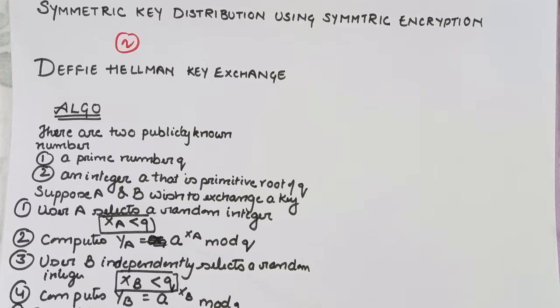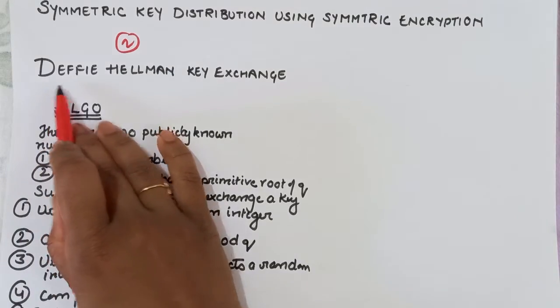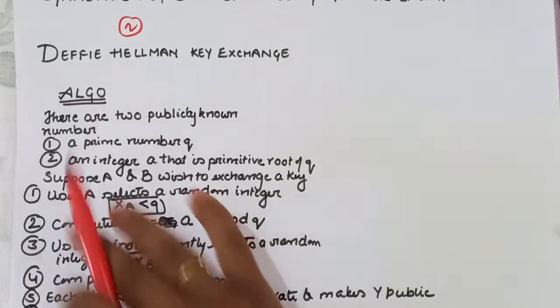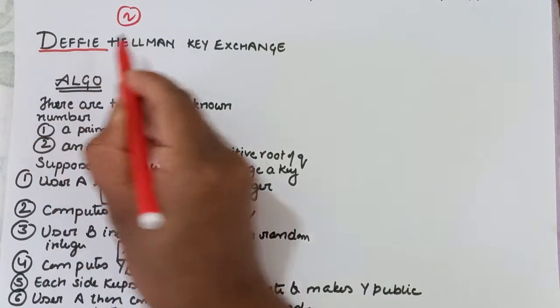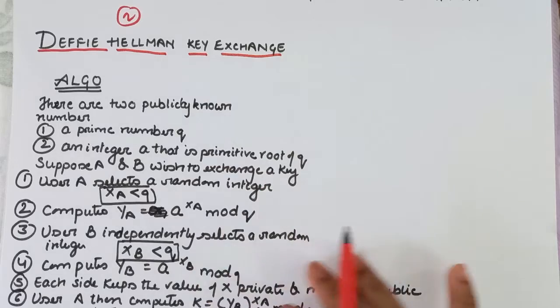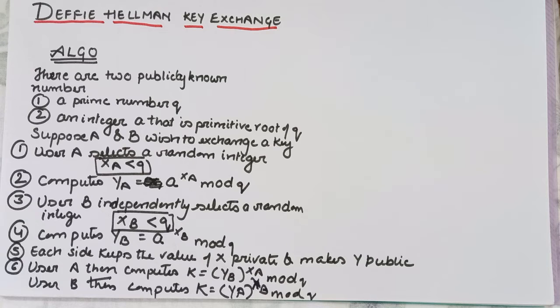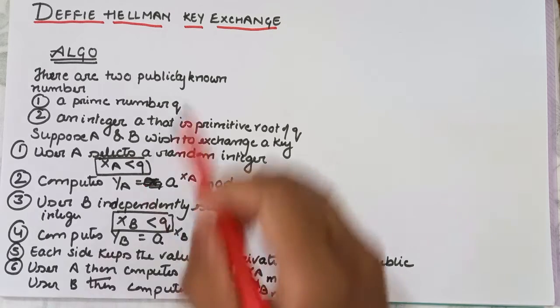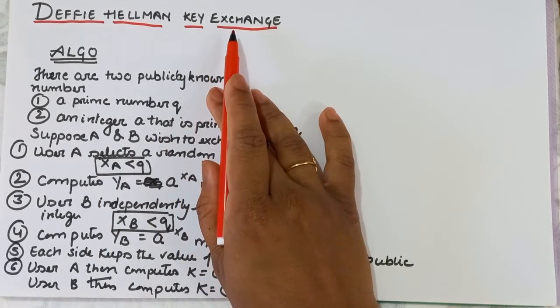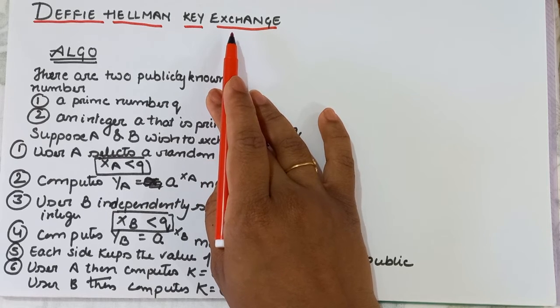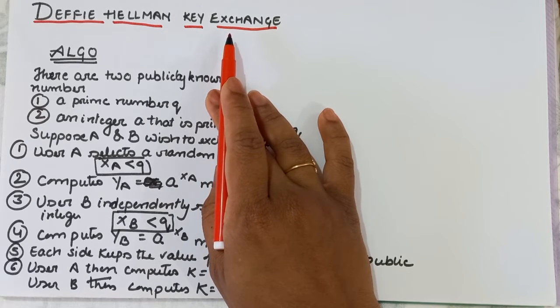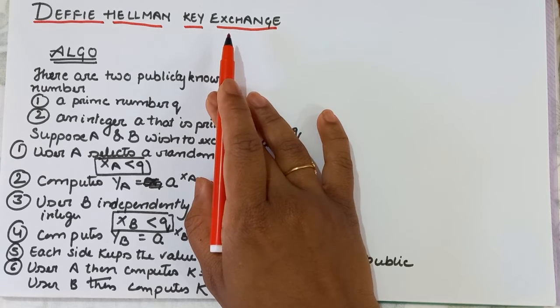Now there's one more methodology for sharing the key, which is Diffie-Hellman key exchange. This is very important, and all of us must know what the Diffie-Hellman key exchange methodology is. The purpose of this algo is just to enable two users to exchange a key that can be used for subsequent encryption of messages. The Diffie-Hellman algo depends on the effectiveness of discrete log.